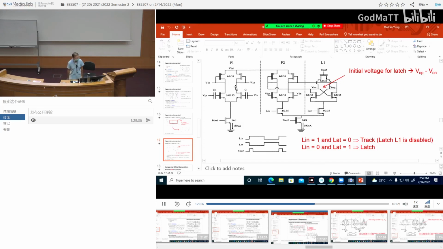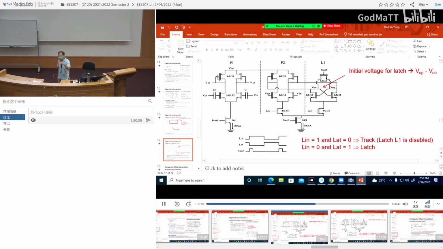Okay? So the gain of this stage is the gm of the NMOS, we call it gmN, multiplied by the impedance, which is 1 over gmP. So the gain is basically gmN divided by gmP. Okay, which means that the gain is not so high.